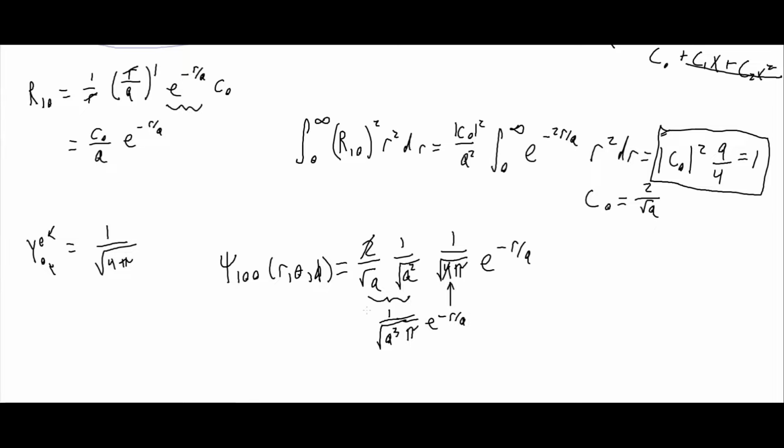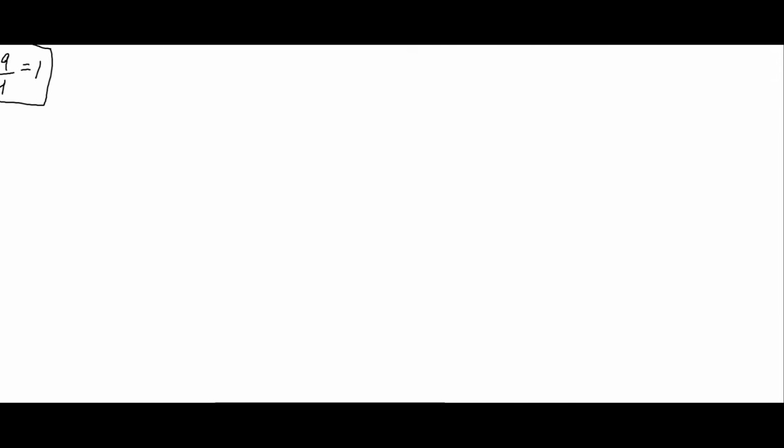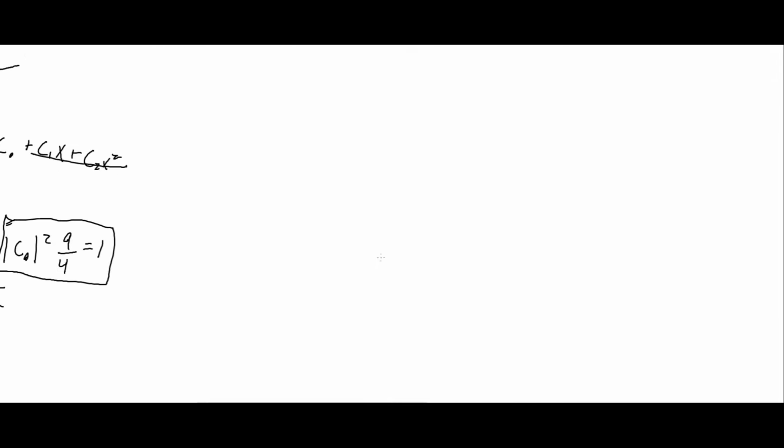I will write this again right here to make it a little bit clearer. So we have equals 1 over the square root of a cube pi, and then our e to the minus r over a. And so this is our solution to the wave function for the hydrogen atom at the ground state. And so we can do this for other states as well.